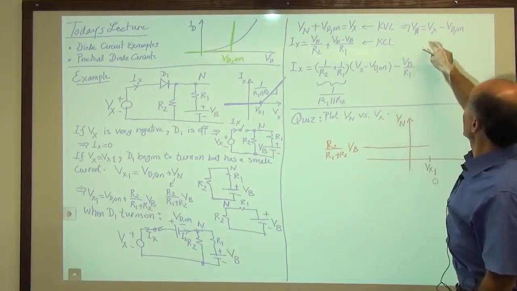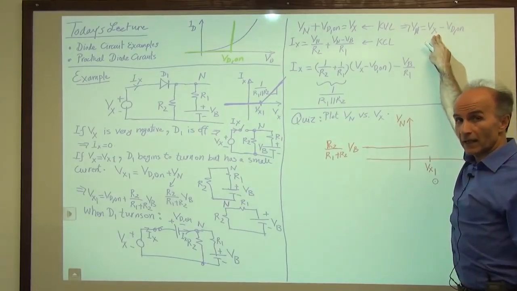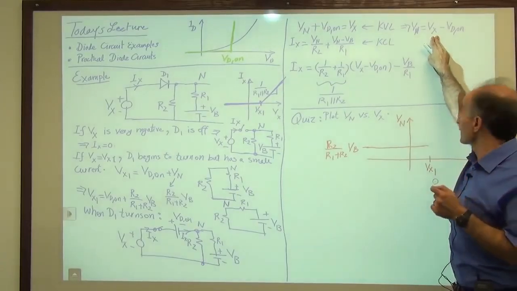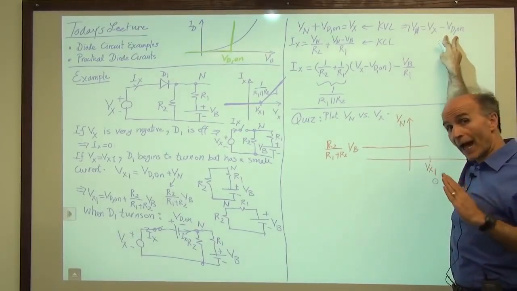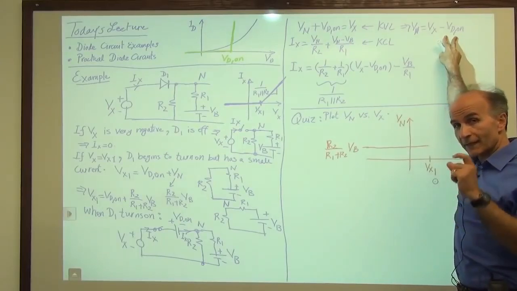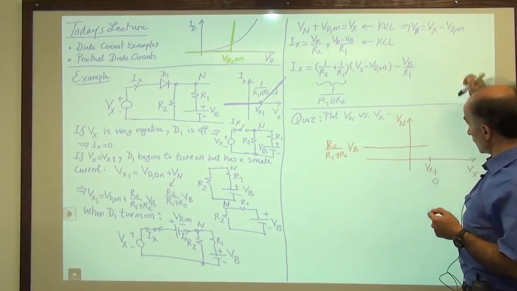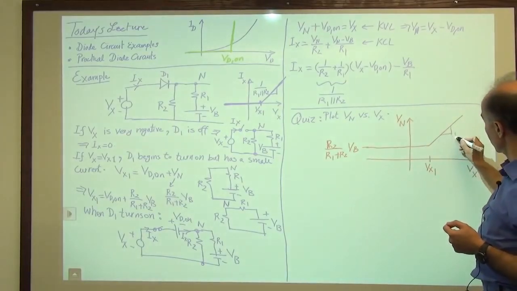It is this equation here. It says Vn is simply equal to Vx, but shifted down by some amount, Vd on. That's it. It tracks Vx. It just has a constant difference of Vd on with respect to Vx. So it will look like this, and it has a slope of 1.